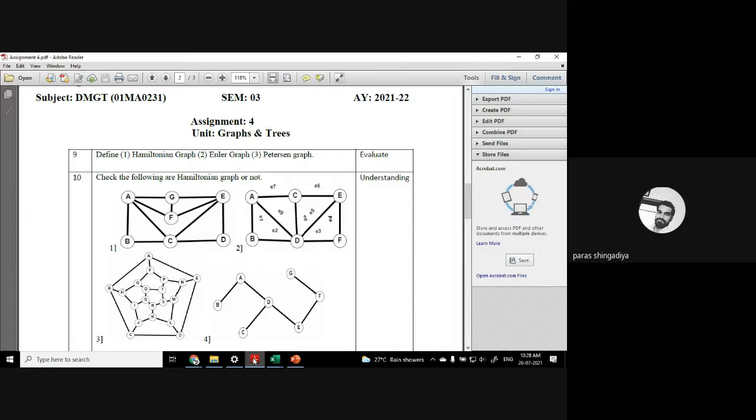Consider 5 vertices outside, okay? Make a pentagon, and then make a star by using the 10 vertices. And again create an inside pentagon by using 5 vertices. So 20 vertices are there in that graph. And start with A. Clear?